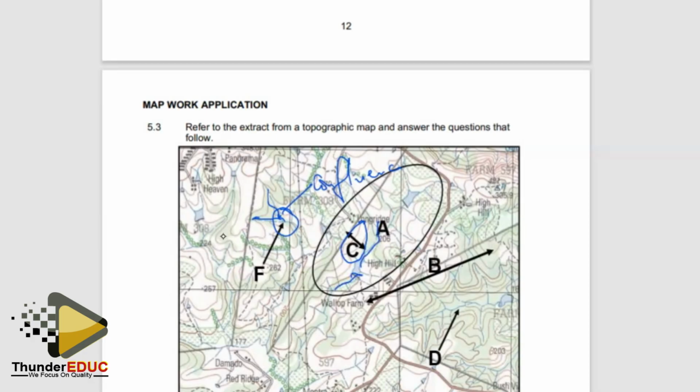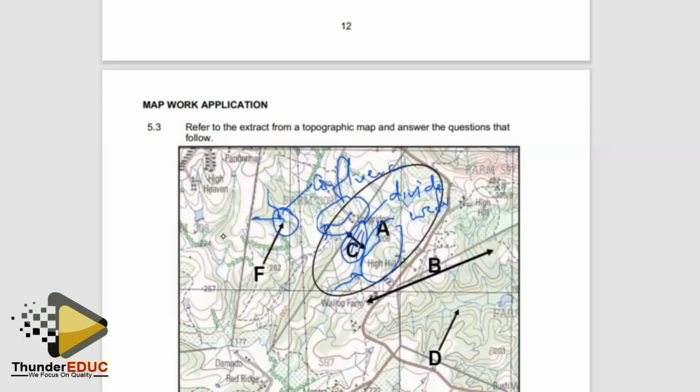Then if you also check on the western side, there is another stream there which is also indicated with its tributaries. So definitely, if you get a question asking what area C is, it is the divide, or the watershed, because it is basically splitting one river system on one side and another river system on the other side.